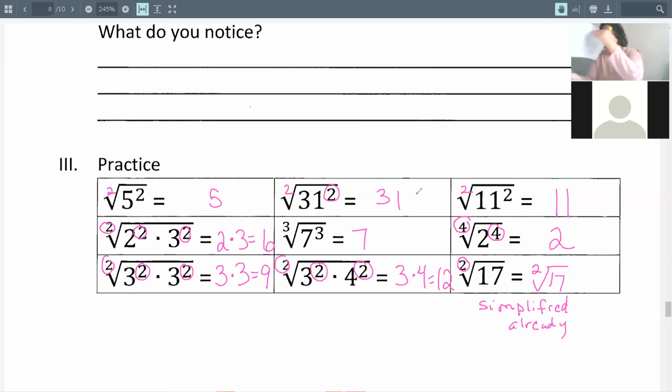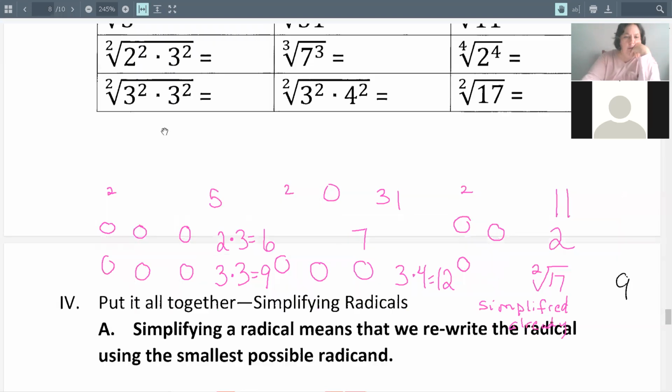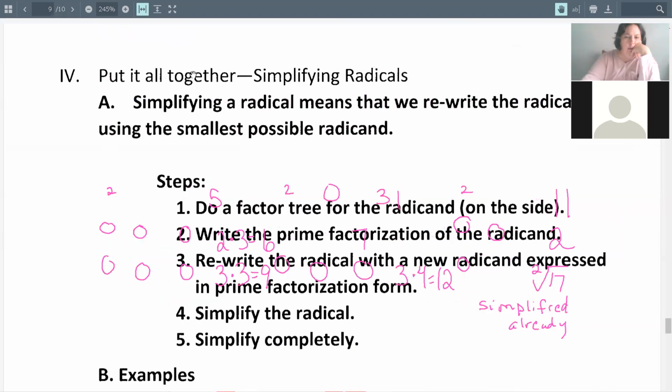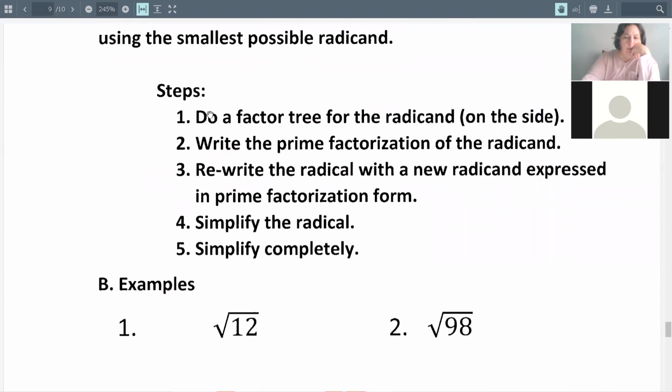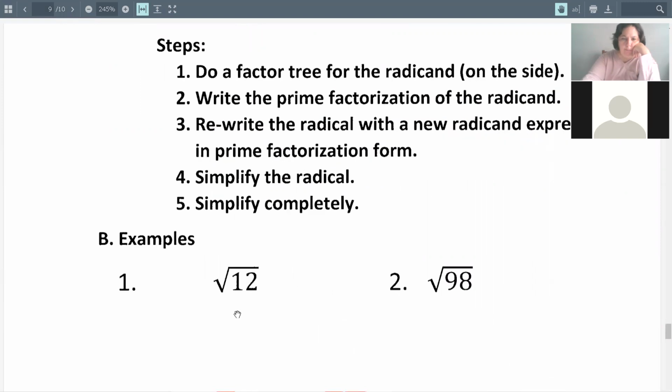All right, turn over to the second page of your notes. Here are the steps. Do a factor tree, and you can do that on the side. Write the prime factorization of the radicand under the radical sign.